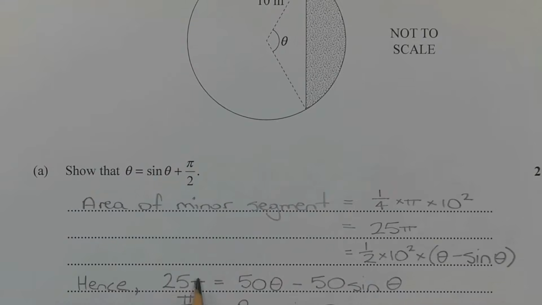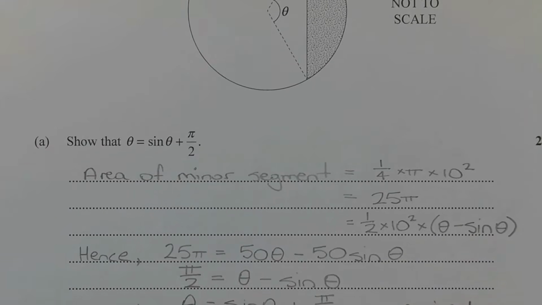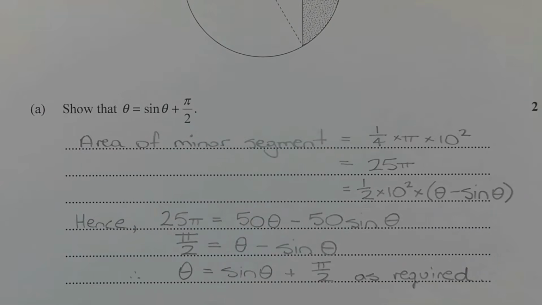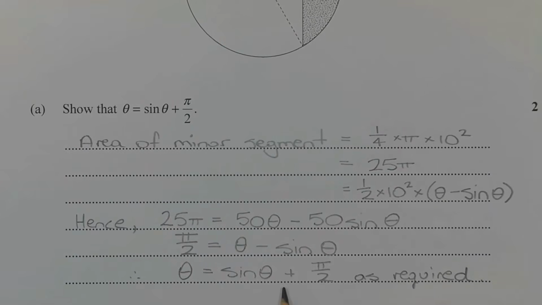In other words, 25 pi is equal to this expression expanded out. So 25 pi equals 50 theta minus 50 times sine theta. Dividing all terms by 50, we get pi over 2 is equal to theta minus sine theta, and then rearranging the equation to make theta the subject, we get theta is equal to sine theta plus pi over 2 as required.